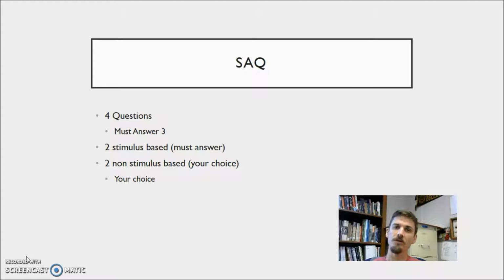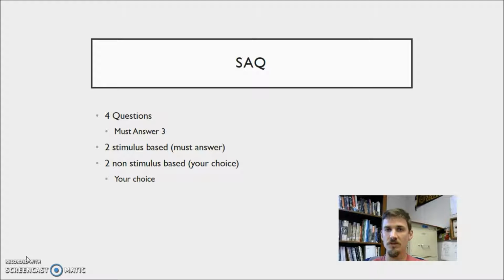Now, 2 of them are going to look similar, and the other 2 are going to look different from the others. The first 2 that you come across are going to be what's called stimulus-based. When we talk about stimulus-based, this is something that the College Board has been doing with the different history classes: basically we're just looking at some sort of document, whether it be a primary source document or a secondary source document. That's what the stimulus is.